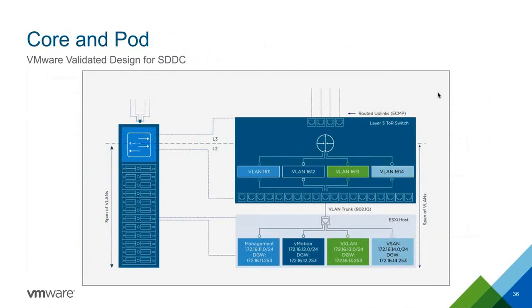I'll show you a representation in a moment, but that basically says I'm going to route out from my TOR to my spine, but inside that TOR, I'm going to present the L2 networks that I need for things like management, vMotion, vSAN, and replication, so I use it for vSphere replication. I'll establish my VXLAN overlay on that using the L2 networks defined within the rack.